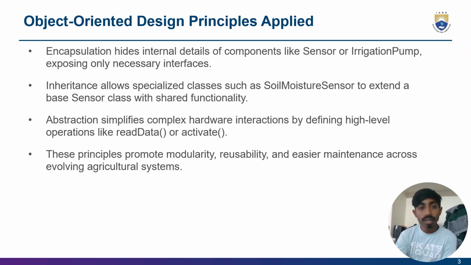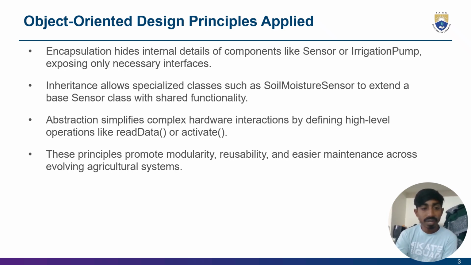Next, object-oriented design principles applied. Encapsulation hides internal details of components like a sensor or irrigation pump, exposing only necessary interfaces. Inheritance allows specialized classes such as soil moisture sensors to extend a base sensor class with shared functionality.